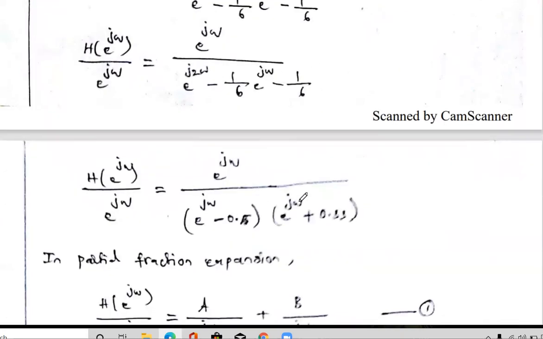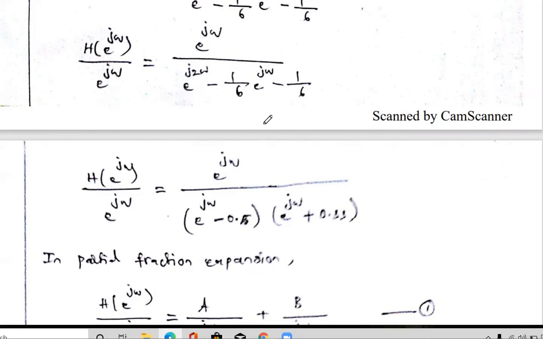Then after this we have to factorize the denominator polynomial. Here the variable is e power j omega, and this is a second order equation.